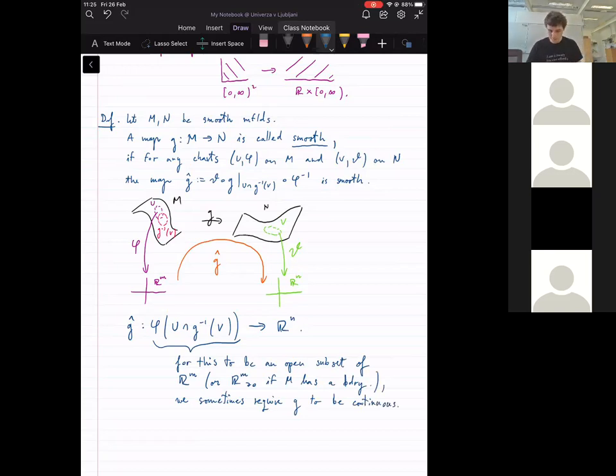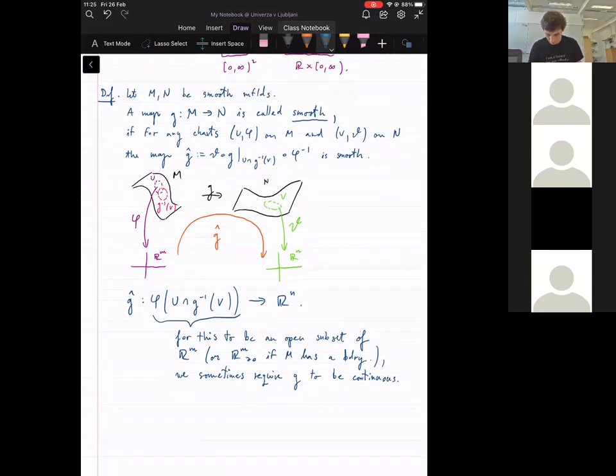So okay, now because we have this definition of a smooth map between manifolds, we have objects and maps in the smooth category, right?